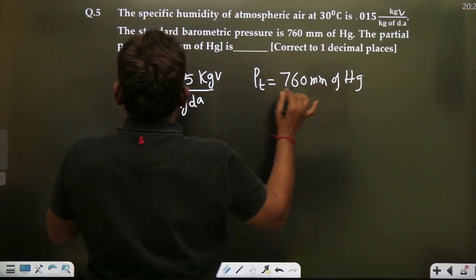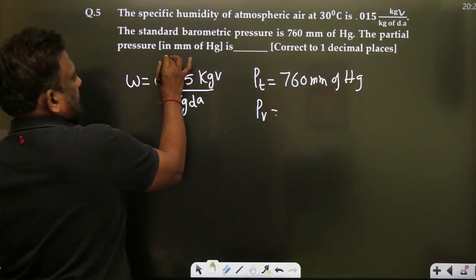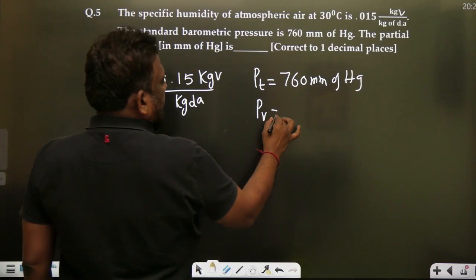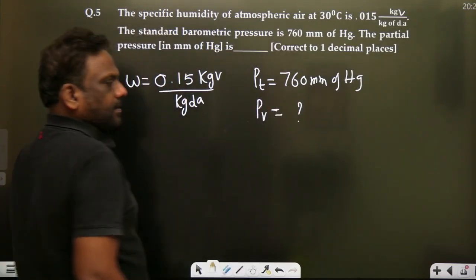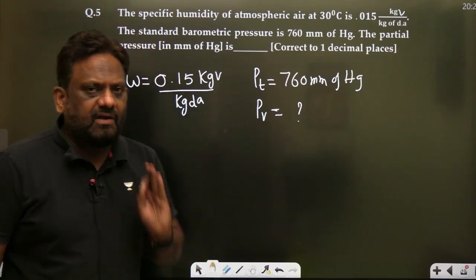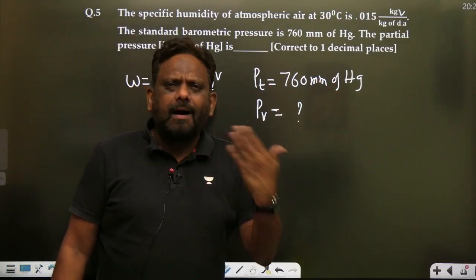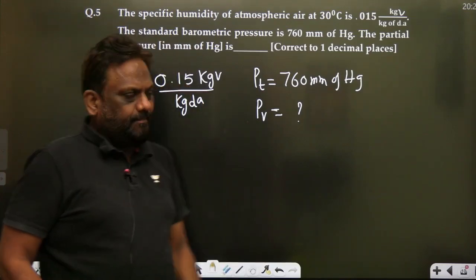The partial pressure of vapor is asked in mm of mercury. My dear students, there is no need for you to convert this pressure into Pascal or bar or kilopascal. I'll tell you the reason.